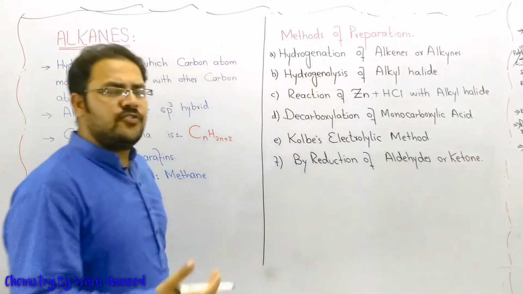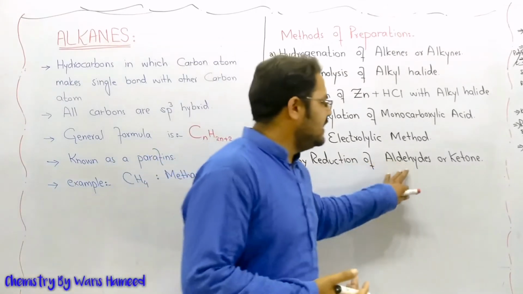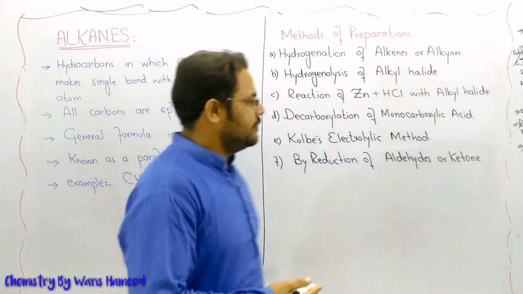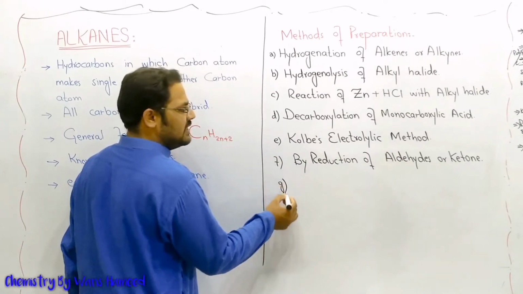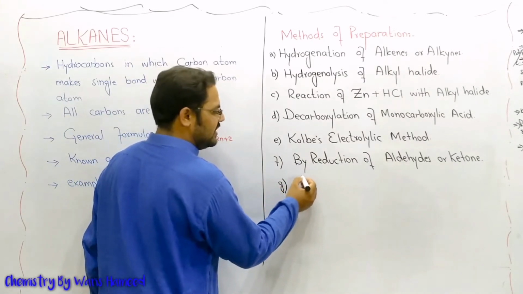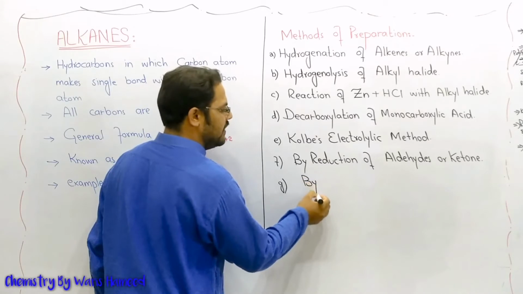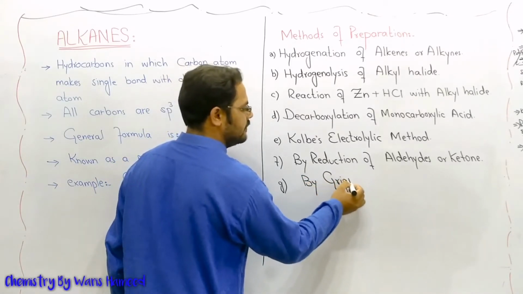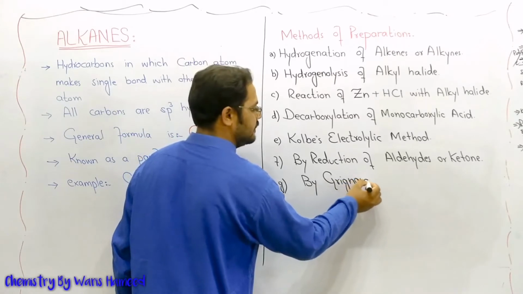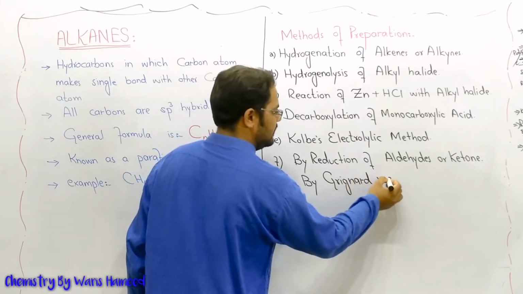We can also form alkane by reduction of aldehydes and ketones. And the last method is by Grignard reagents.